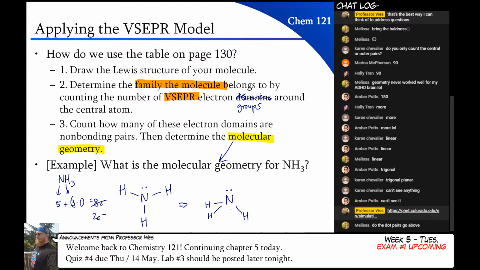How many electron groups are around the central atom? Just like before, we count where are the regions that there are electrons that are touching the nitrogen here. So that's this guy, that's 1. Here's 2. Here's 3. And then my pair of electrons is 4. So I have 4 electron groups, which means that the VSEPR geometry is tetrahedral.